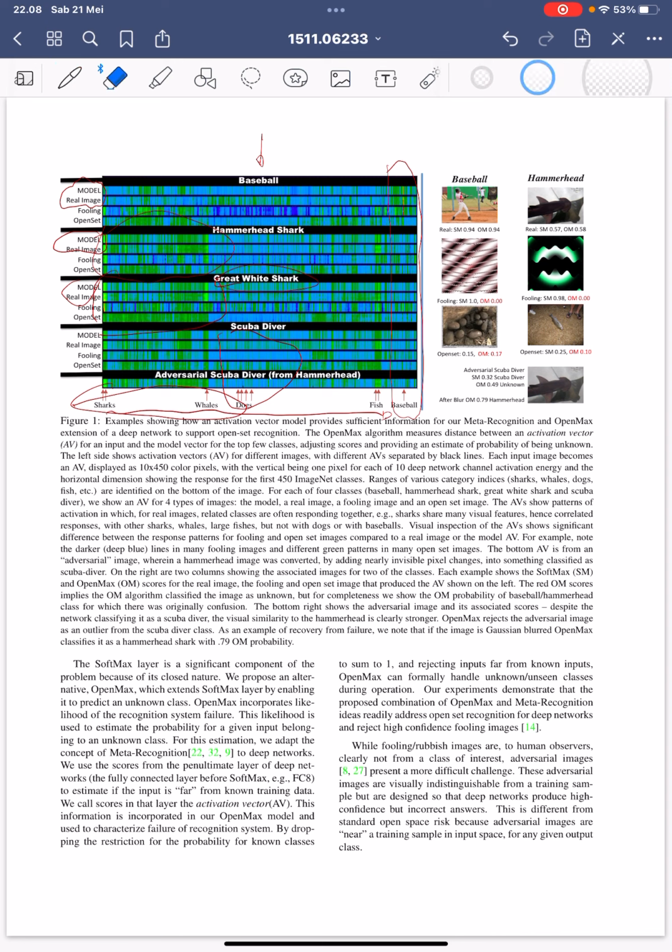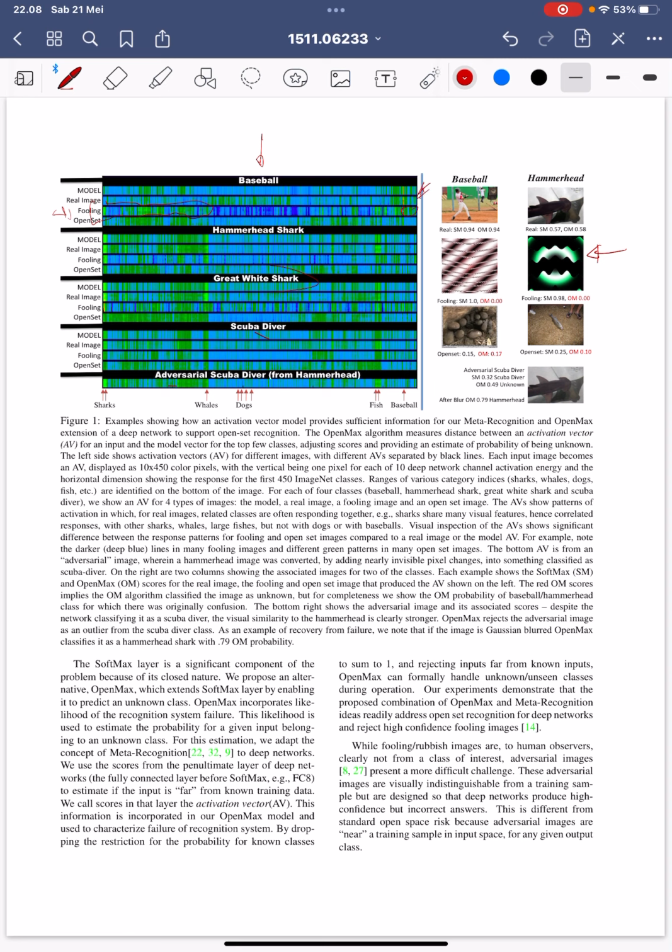Okay, let's erase all of them first. Now we can see the fooling images, for example, where we actually don't know what the class is. In the fooling image for the baseball, the activation shows more score on the shark and whales like this, and a little bit on the baseball area, but not like the original or real images.